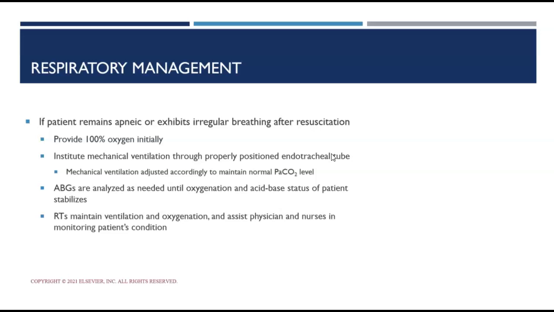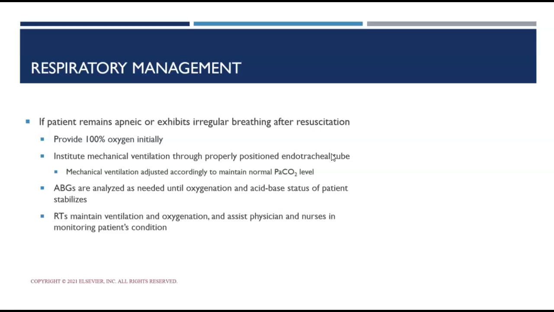So for respiratory management of this, we want to make sure that the patient's ventilation and oxygenation is supported. Initially we're putting them on 100%, but then we're going to wean it down below 60% as quickly as the patient tolerates it. These patients are going to go on mechanical ventilation. We're going to adjust our vent settings to maintain normal ventilation or normalize CO2.